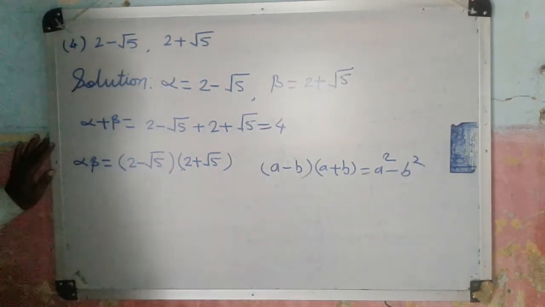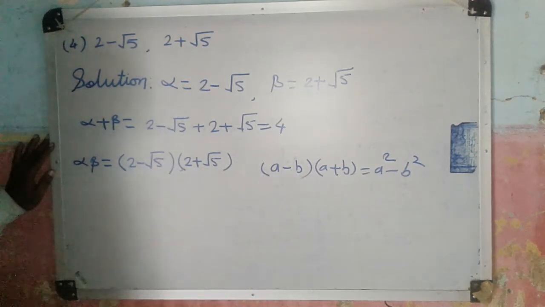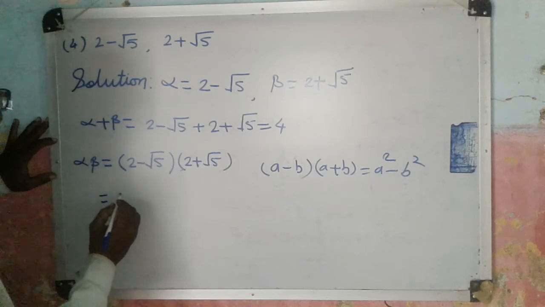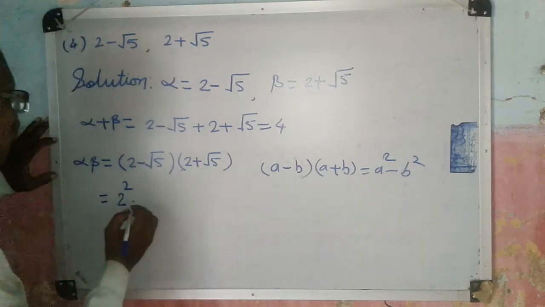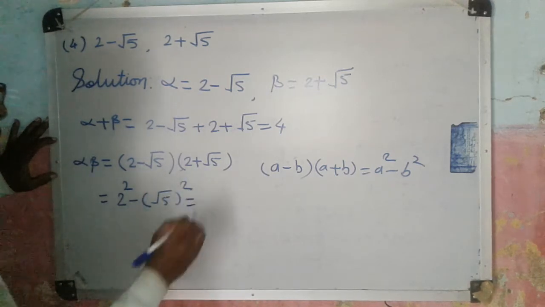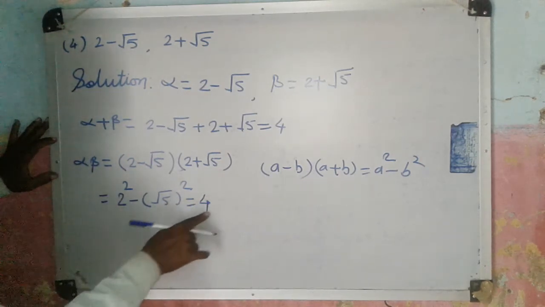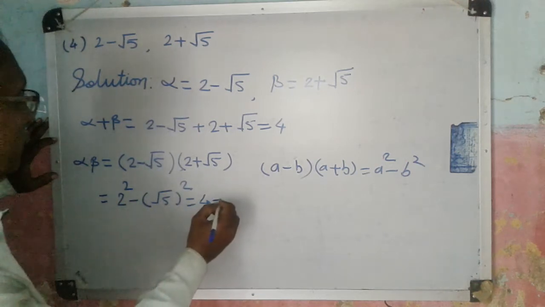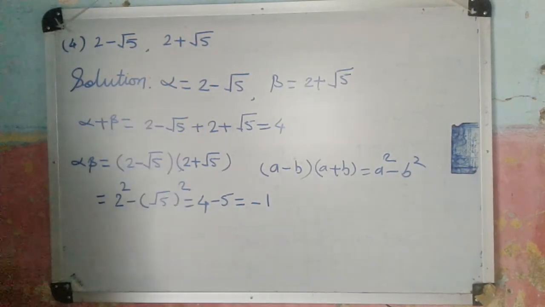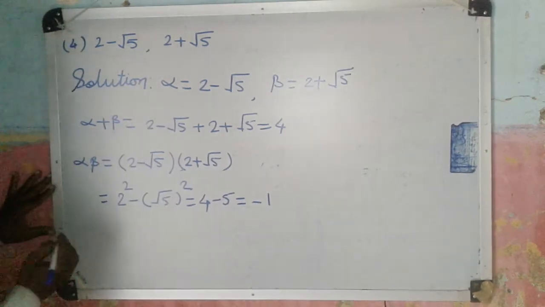You know this expansion formula. That means here a is equal to 2 and b is equal to root 5. So according to this formula, here we get a square, that means 2 square, minus b square, that means root 5 square, that is equal to square of 2 is 4 and square of root 5 is 5, 4 minus 5, that is equal to minus 1. Okay, now the quadratic equation formula.